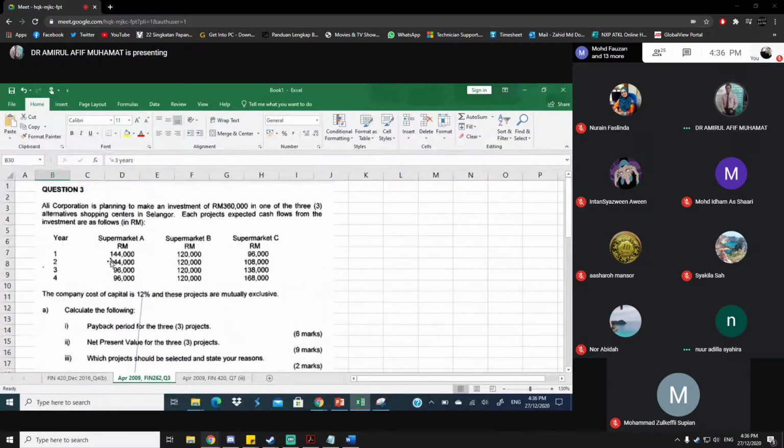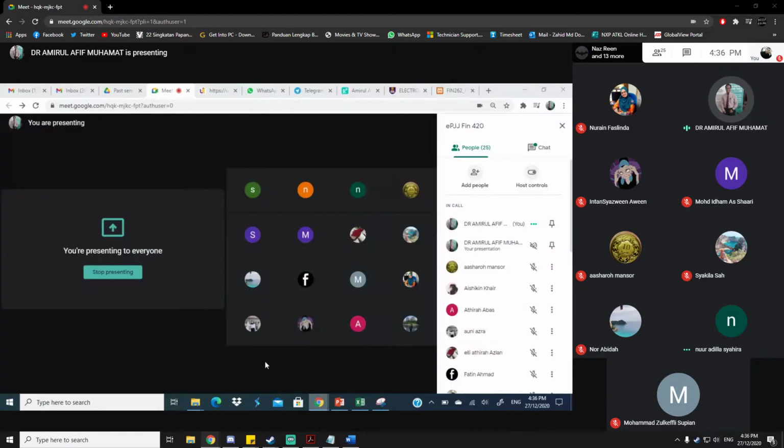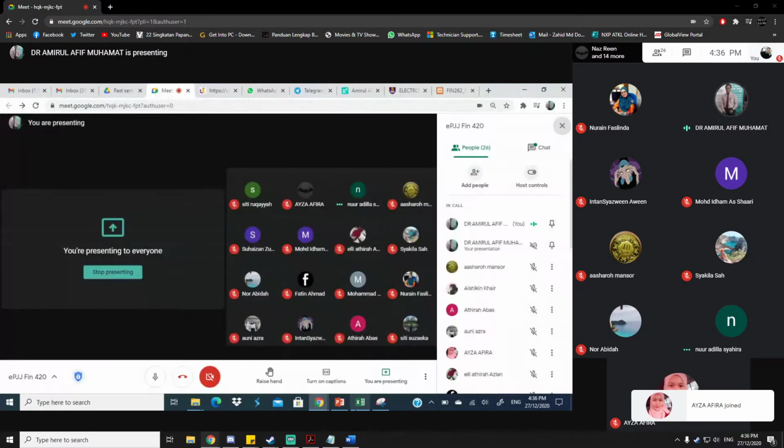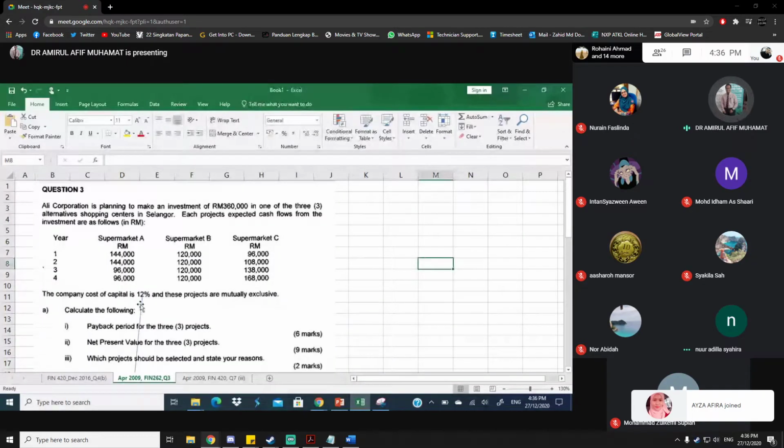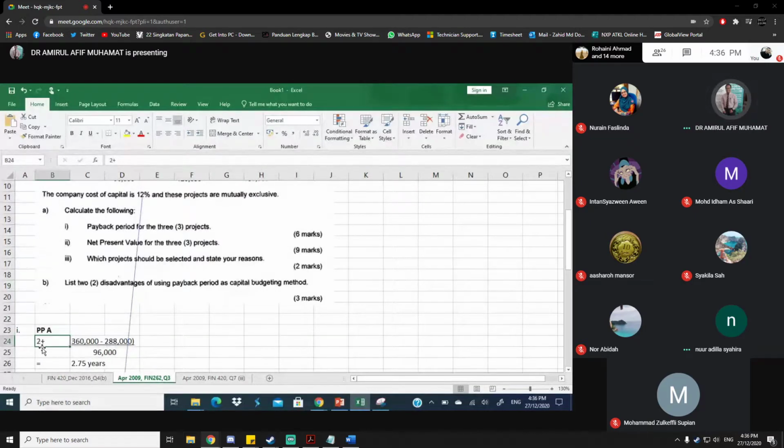If you add the third, then you have more, which means you will also include the profit. So because of that, you stop at 2 here. So 2 years, maksudnya 2 years ni is the full amount that will be used to cover the initial outlay.